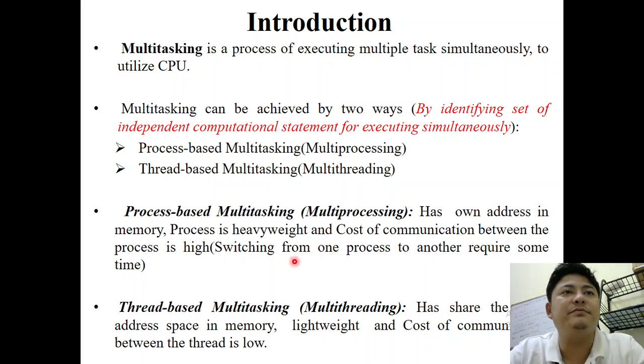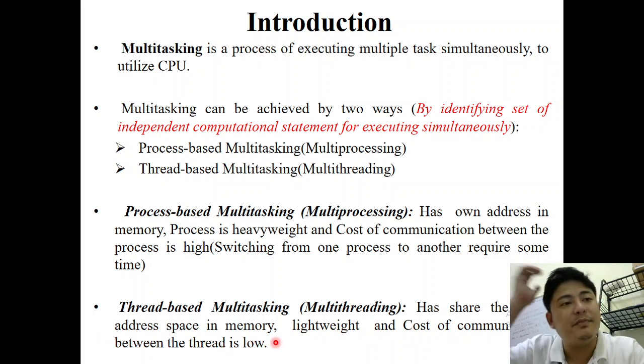Next is thread-based multitasking. In thread-based multitasking, memory and other resources like the bus are shared. This kind of process is known as a lightweight process, and the cost of communication between threads is low compared to processes. Although it requires some time, comparatively it is less.